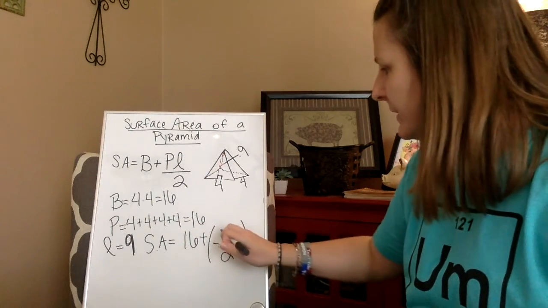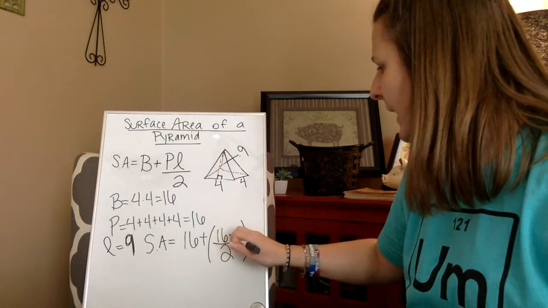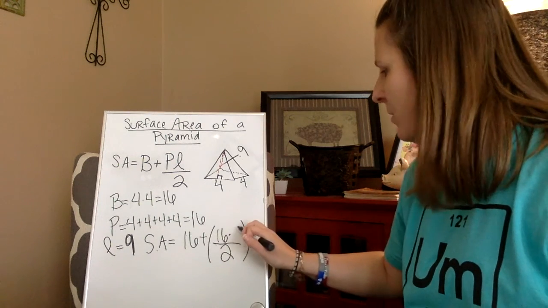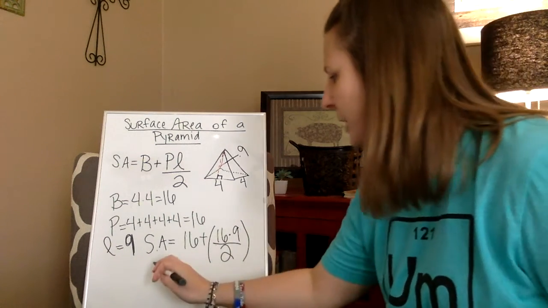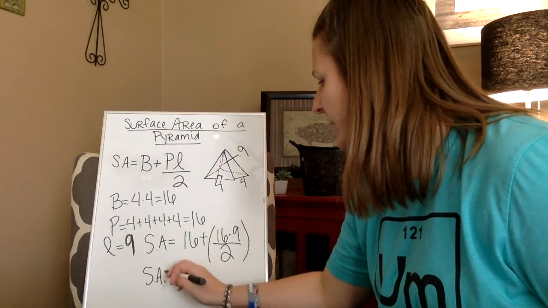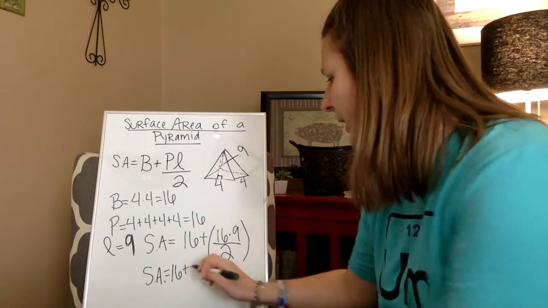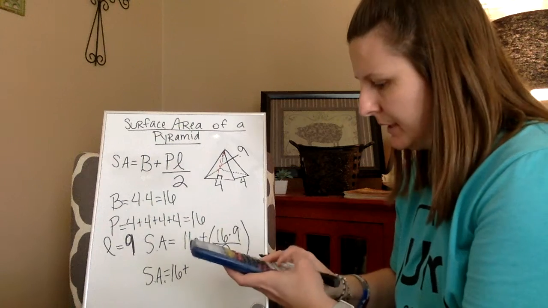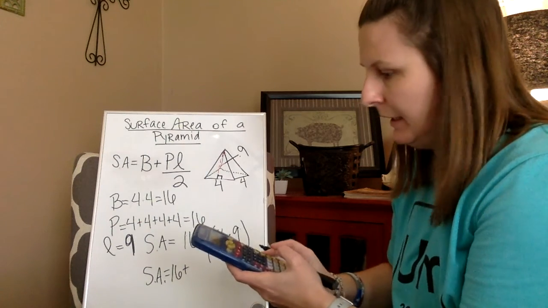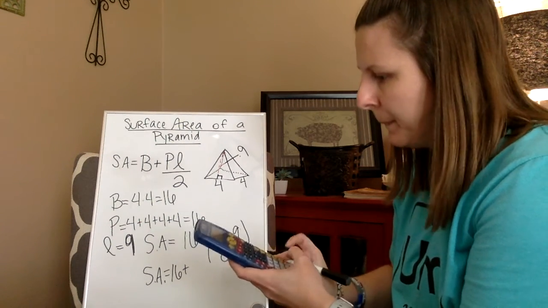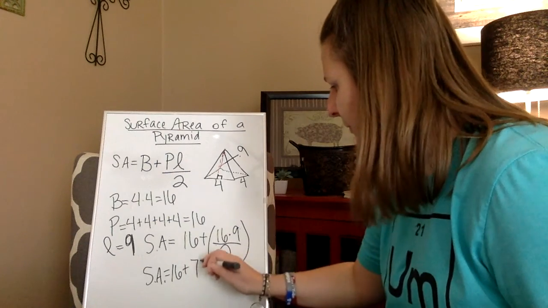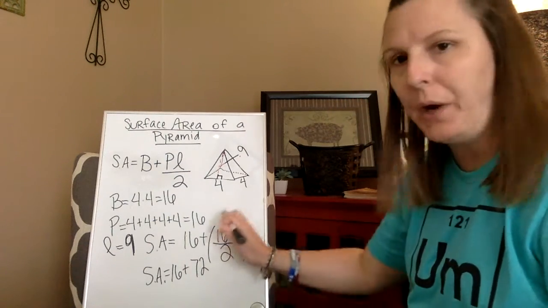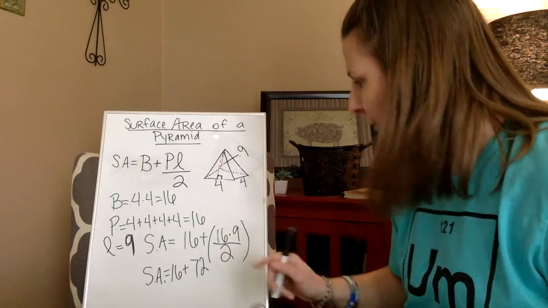P is 16 in this case, times fancy L, which is 9. So surface area is going to equal 16 plus, and I need to do this part. 16 times 9 is 144, divided by 2 is 72. So this whole piece in the parentheses is 72.